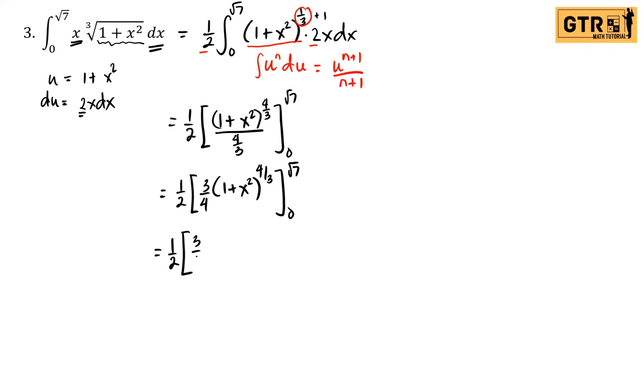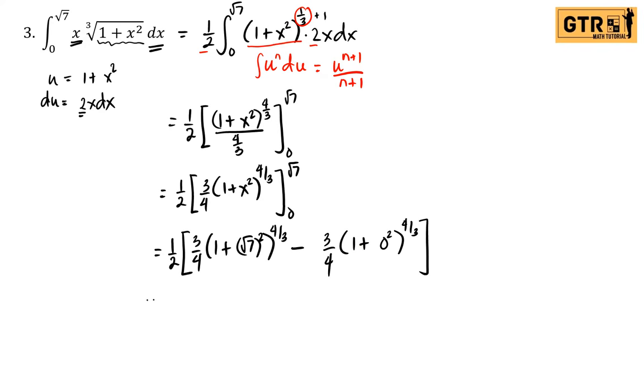So we have 3/4 times 1 plus the square root of 7 squared, raised to 4 over 3, minus 3/4 with 0 substituted: 1 plus 0 squared, raised to 4/3.